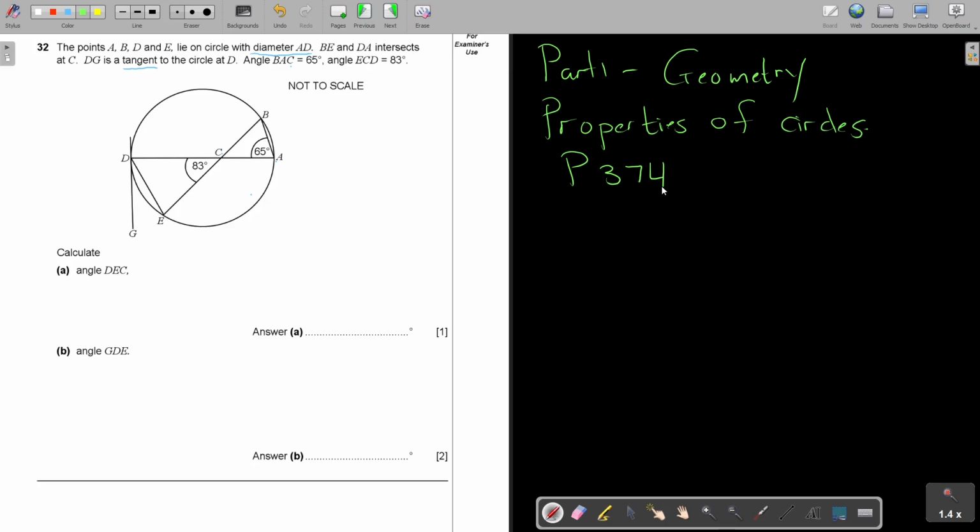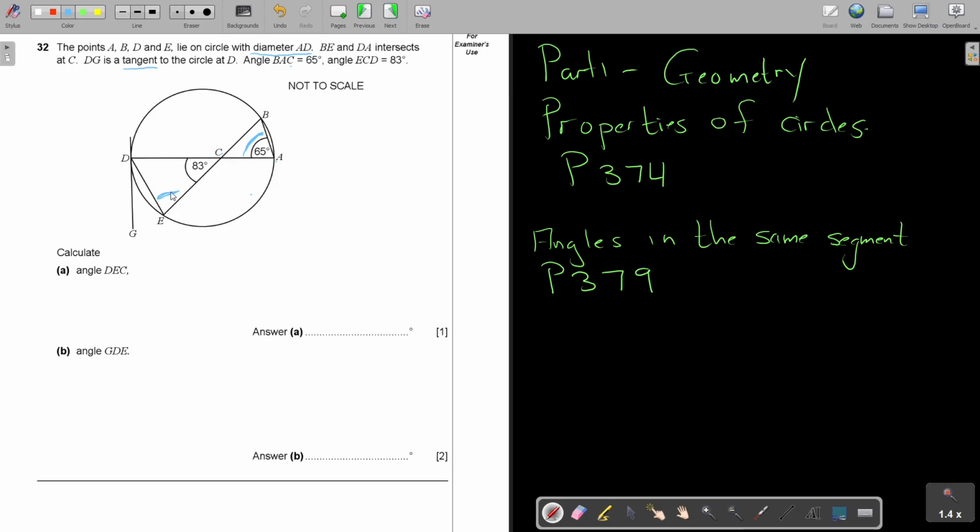But this one, it's angles in the same segment. You don't have to give the reason. And that's on page 379.